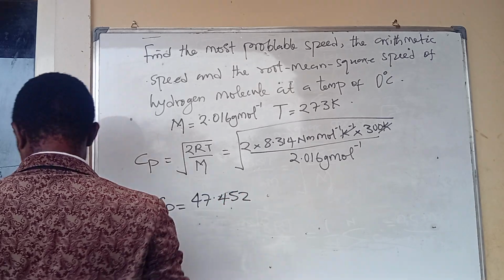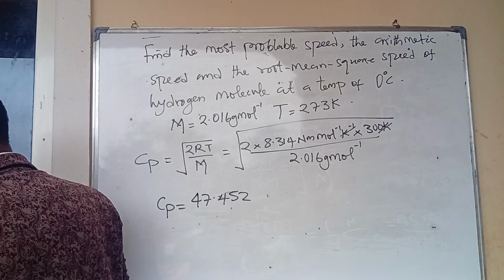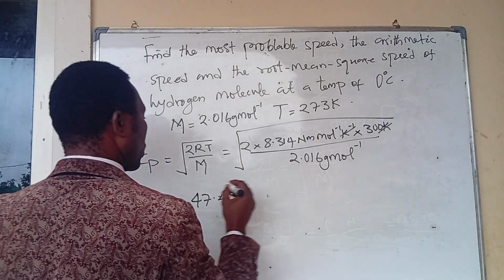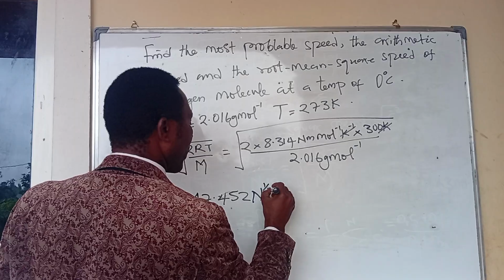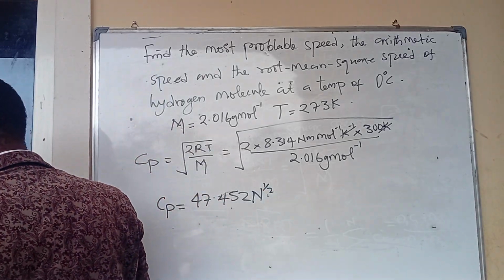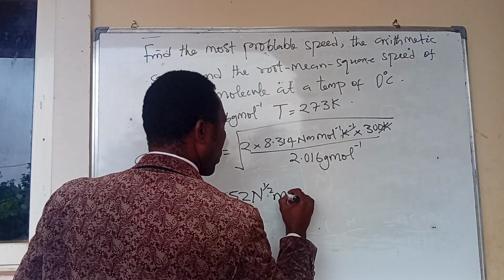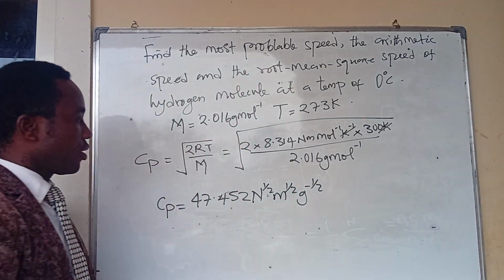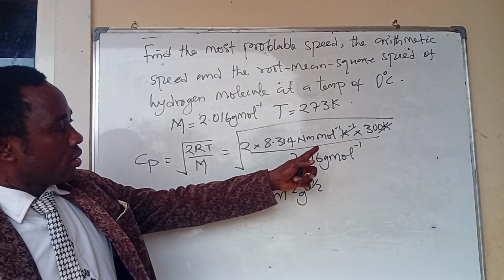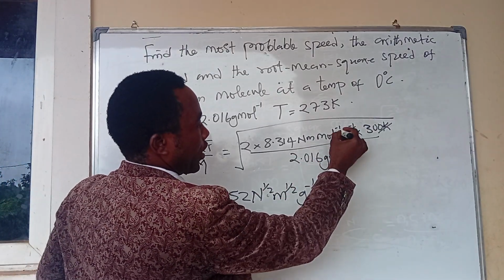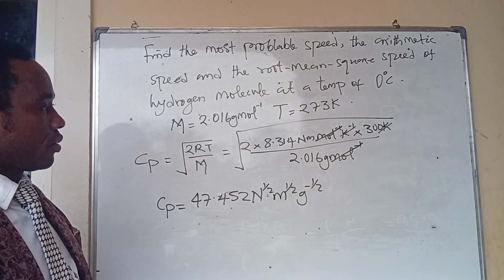So we are having N^1/2, then m^1/2, then g^-1/2. Remember, the per mole here, we cancel per mole here also.